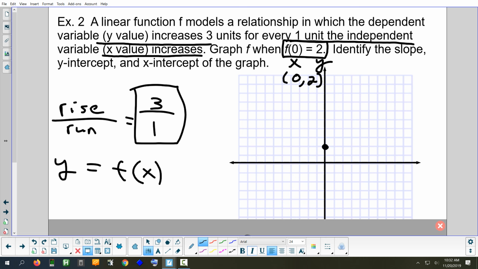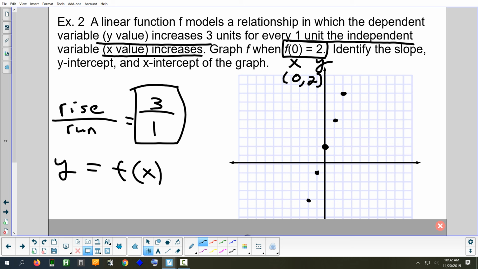Up. The y value goes up 3, and then what? Right, over 1. And the x value goes to the right 1. Up 3, right 1. Now, how else could I go if I wanted to go back the other way? You could go down 3, left 1.